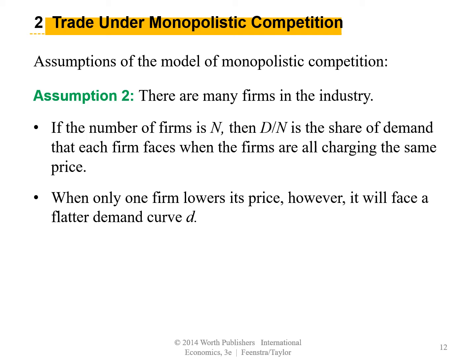So if one firm lowers its price and the other firms don't do anything, then the first firm has some advantage. It's going to increase its quantity demanded. It's going to increase its sales by more than if it had to strictly stick to the agreement to share equally.